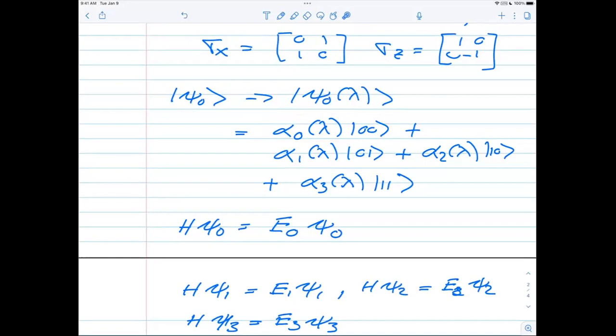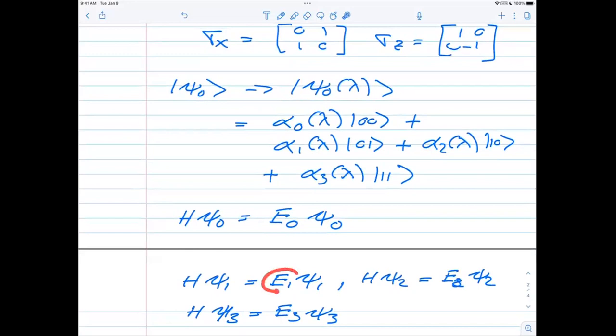If lambda is equal to 0, most likely the ground state will be dominated by this term. For the second state, it will be this term here times an appropriate coefficient. But when we diagonalize the matrix and bring in the interaction, making it stronger and stronger, there's going to be a stronger mixing between these different states. These states are still pure states, so you should keep that in mind.